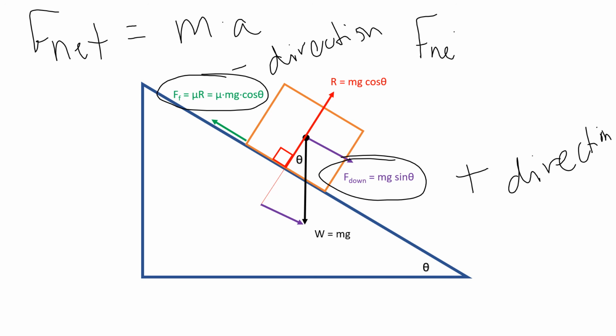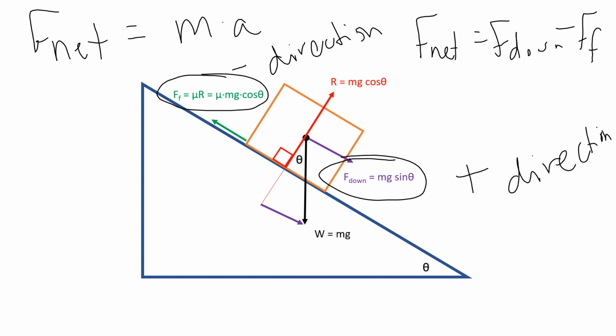F net of this object equals the force down, in this case, minus the force of friction. You subtract because the force of friction vector points in the opposite direction of the force down vector.